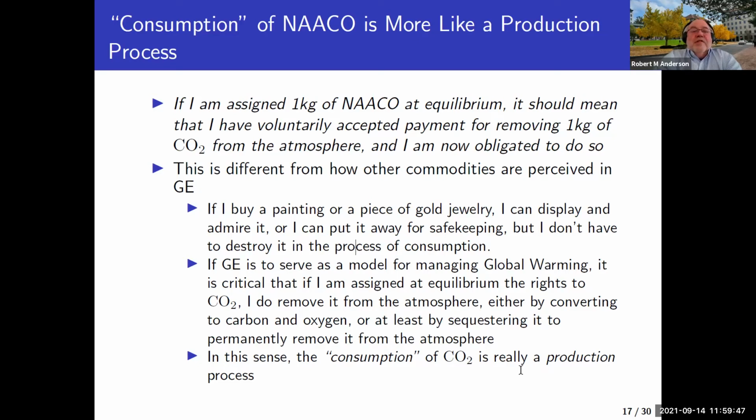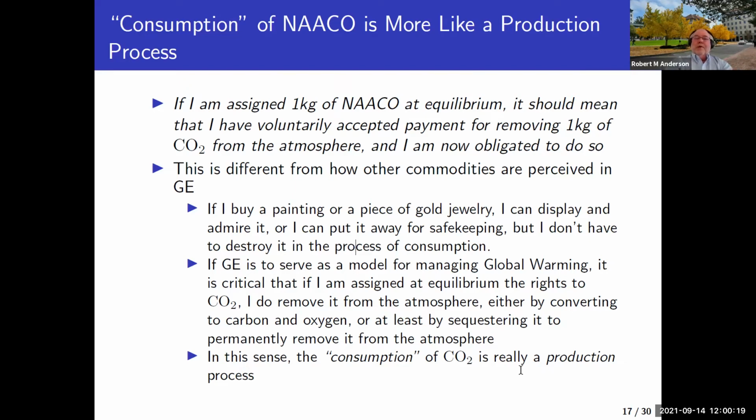We want to argue that consumption of NACO, which I've put in quotes, is really a production process. This is related again to the issue of ownership in general equilibrium. I really want it to be the case that if I'm assigned a kilogram of NACO at equilibrium, I have voluntarily agreed to remove it from the atmosphere, and I actually go ahead and do that. That's different from the way other commodities are treated in GE.